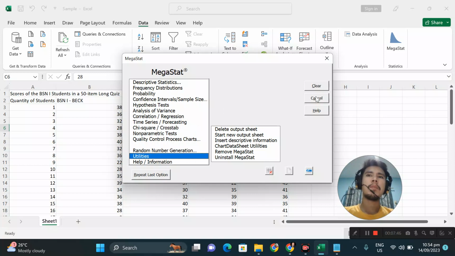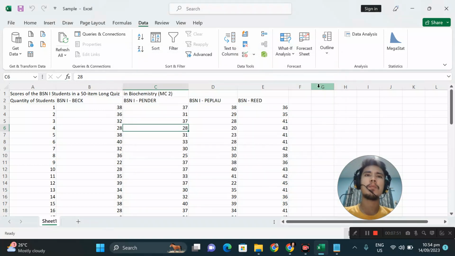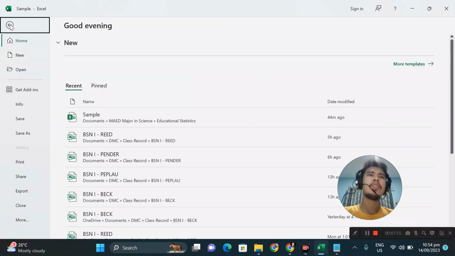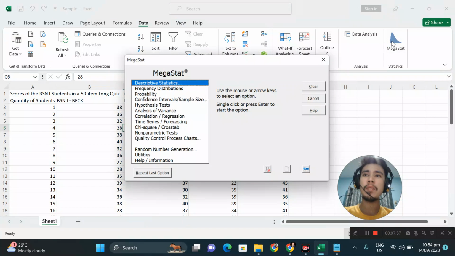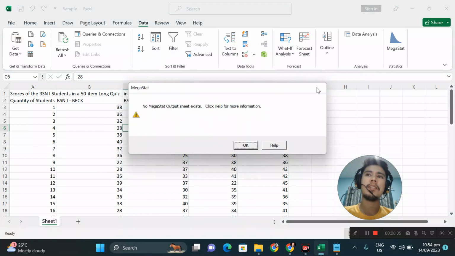Or if you want to remove it from Microsoft Excel Office, then you can uninstall MegaStat by accessing the utility section of this particular add-in.